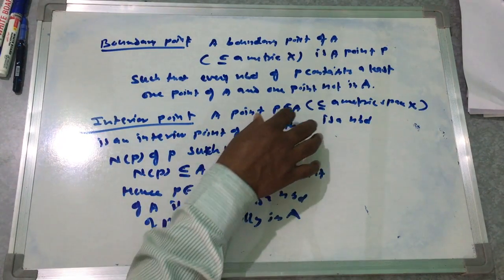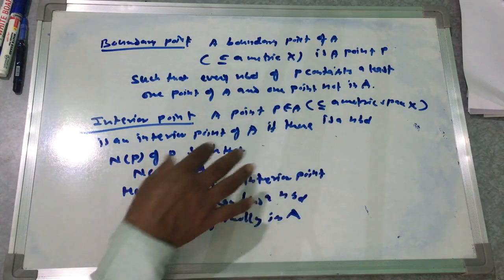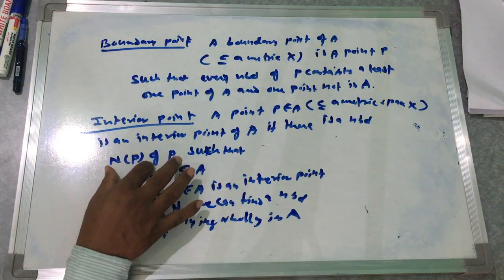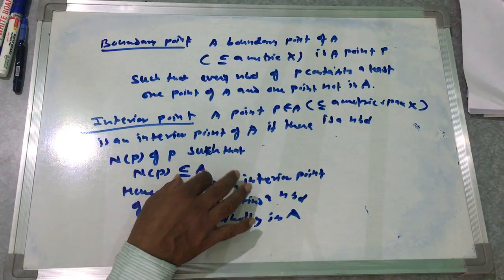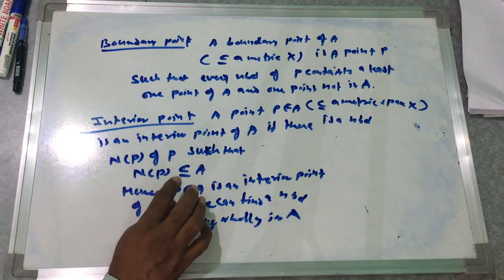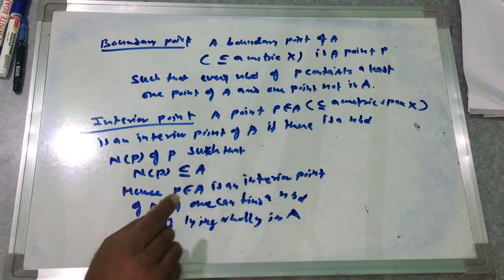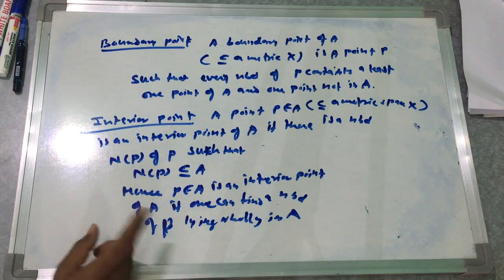Yes, a point P belonging to A is an interior point of A if there is a neighborhood of P such that N of P is a subset of A. Hence P is an interior point of A if one can find a neighborhood of P lying only in A.